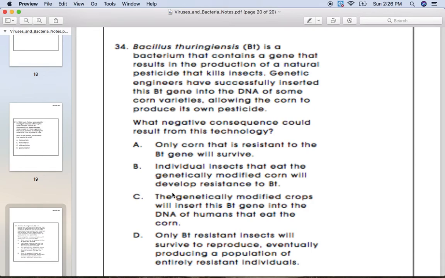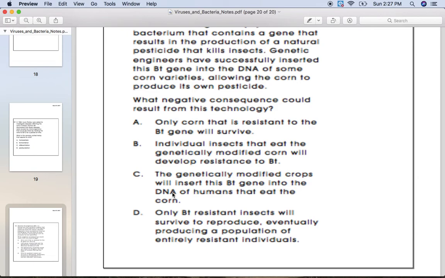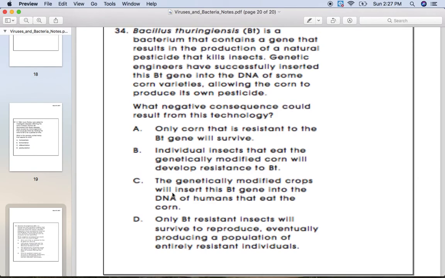So Bob's a bacterium, and he contains a gene that results in the production of a natural pesticide that kills insects. Genetic engineers have successfully inserted Bob's gene into the DNA of some corn varieties, allowing the corn to produce its own pesticide. So what negative consequence could result from this technology?